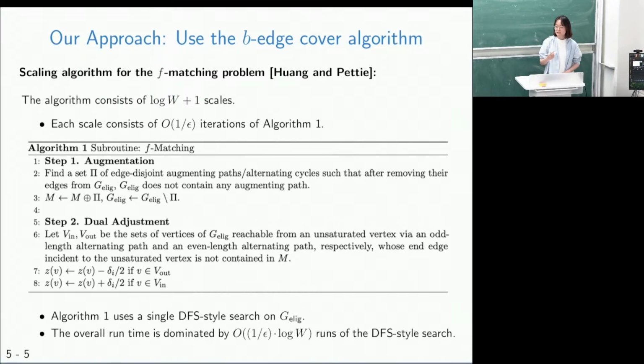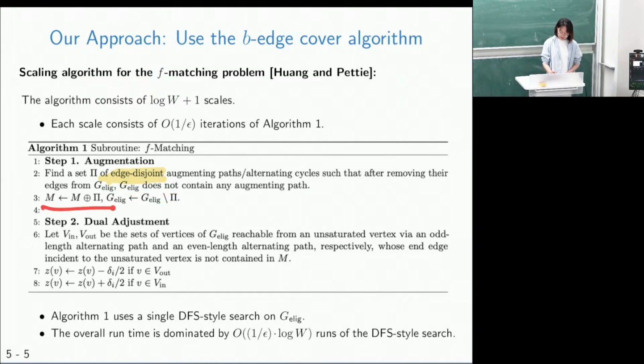And in each scale, we run this algorithm order of 1 over epsilon times. In each iteration, we find a maximal set of edge disjoint augmenting paths and alternating cycles, such that after removing those edges from the eligible graph, this eligible graph doesn't contain any augmenting paths.